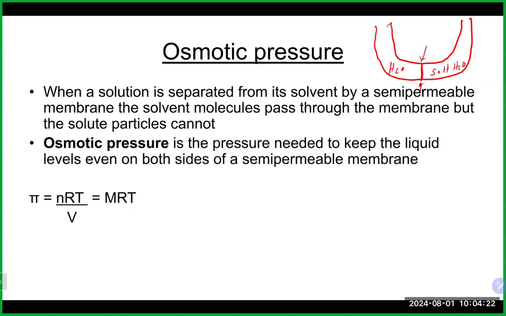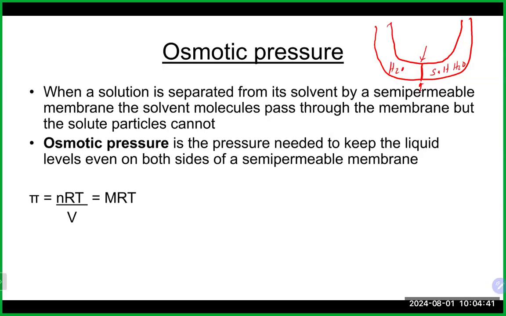There is going to be a natural process that occurs, which is known as osmosis. Osmosis is the process where solvent molecules will flow across a membrane from a lower concentration to a higher concentration.